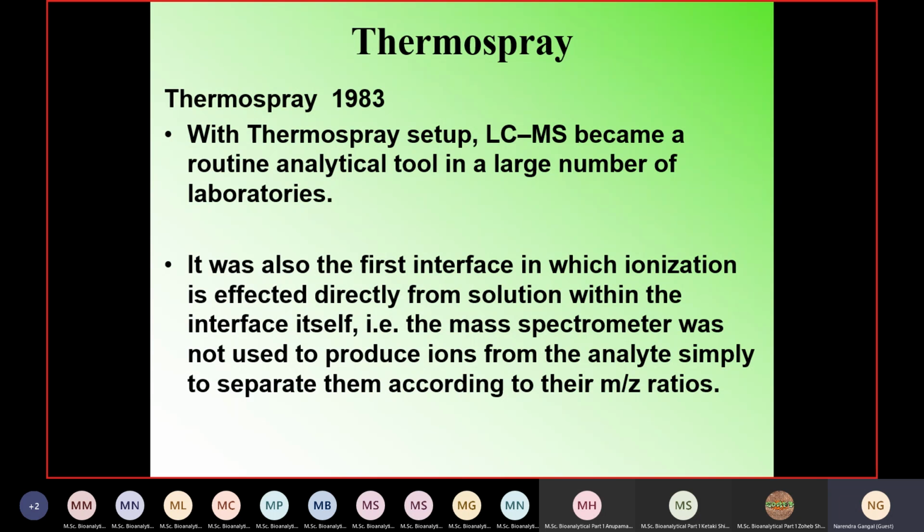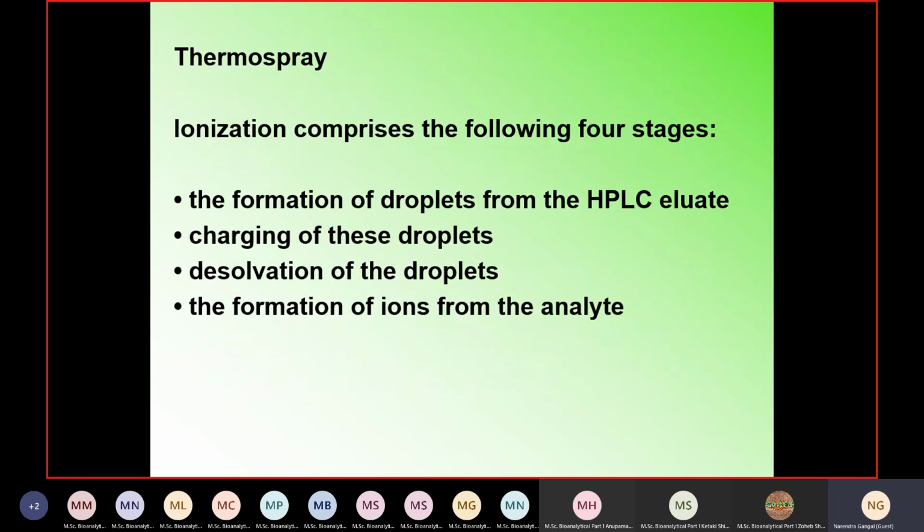It interfaces the liquid chromatograph with the mass spectrometer as well as generates the ions. So we'll just see this theory, these 4 steps, and then we'll take a break for 5 minutes. In thermospray, the ionization comprises 4 stages.